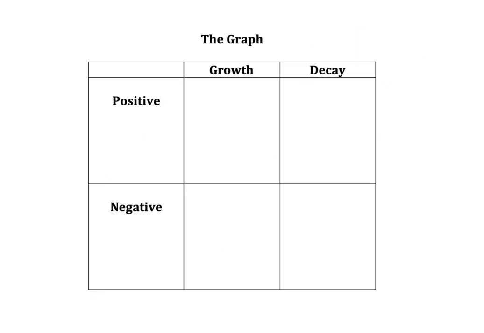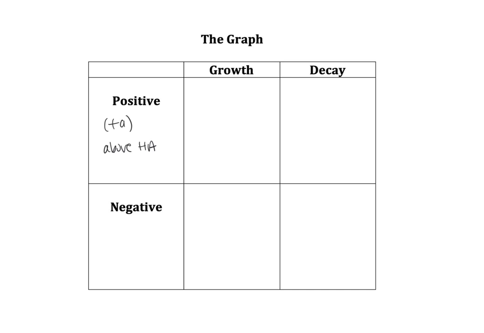Let's just get a little look at this. What is the graph going to look like? If A is positive, the graph is going to be above that horizontal asymptote.